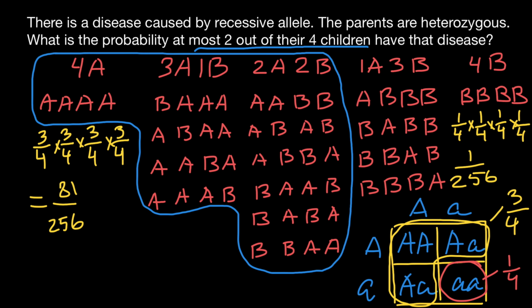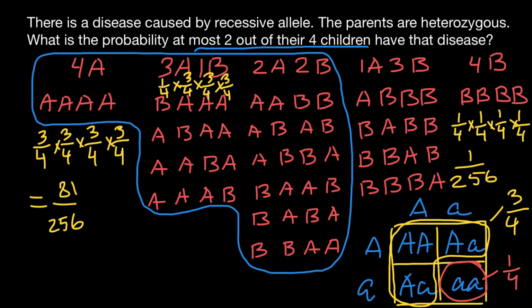Take a look. Here's our calculation. So the probability that the first child would be affected with this genetic disorder is going to be 1/4, and that the second child would be unaffected is going to be 3/4. 3/4 here and 3/4 here. If we multiply all these numbers, what we are going to get: 1 times 3 is 3, times 3 is going to be 9, times 3 is going to be 27.